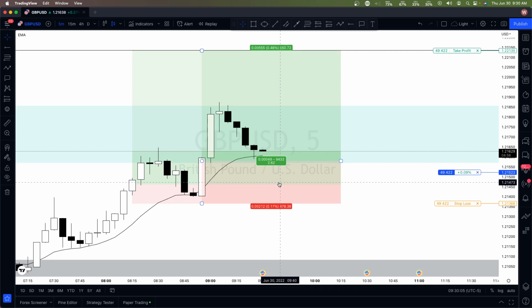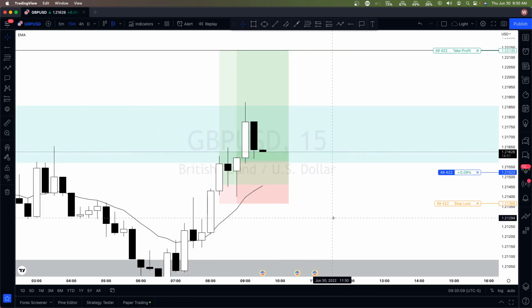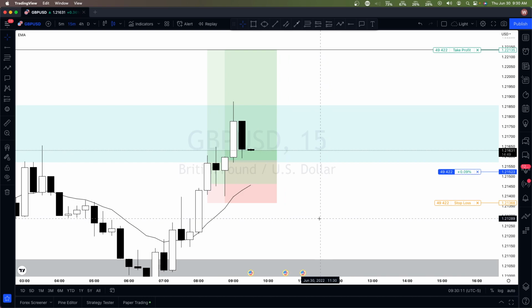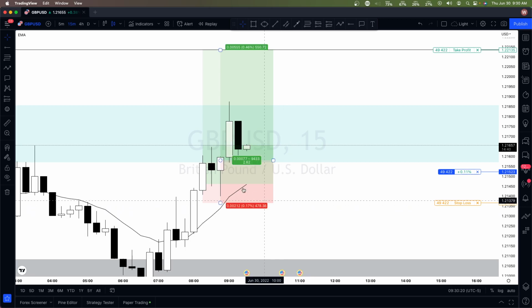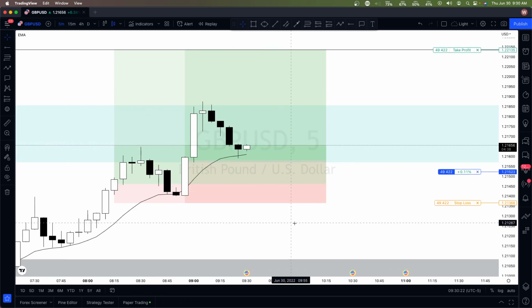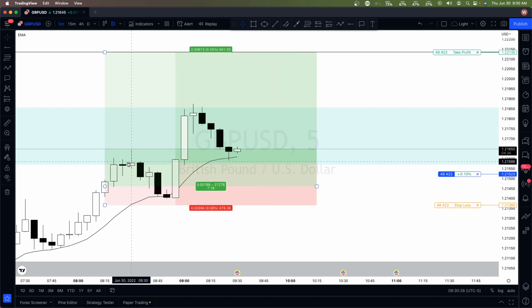Took 4 candles to come back down and didn't close below it. On a 15-minute, also in the same area as the previous high.